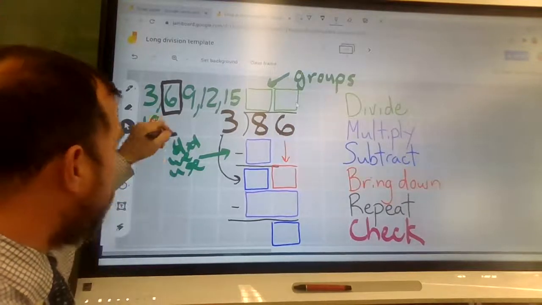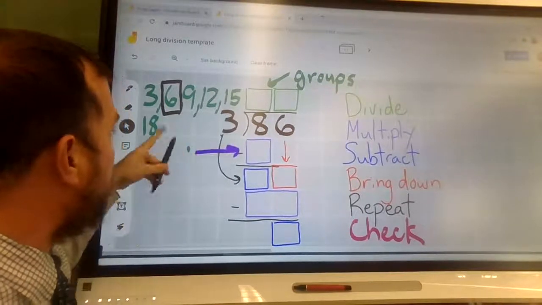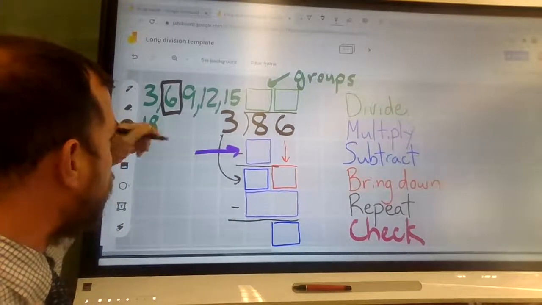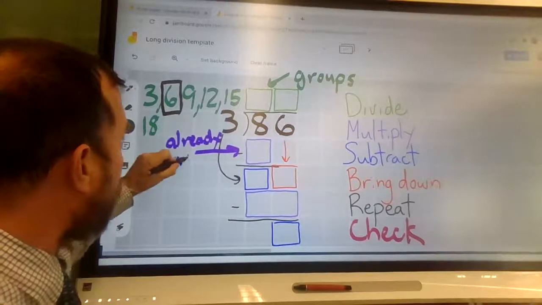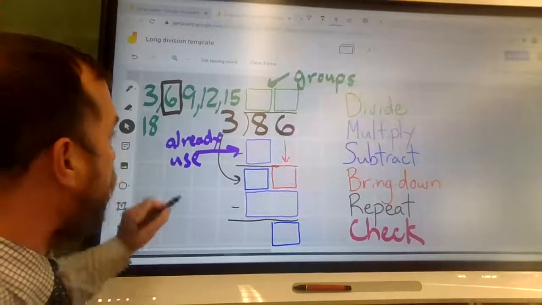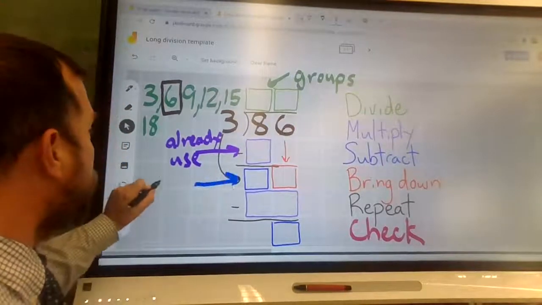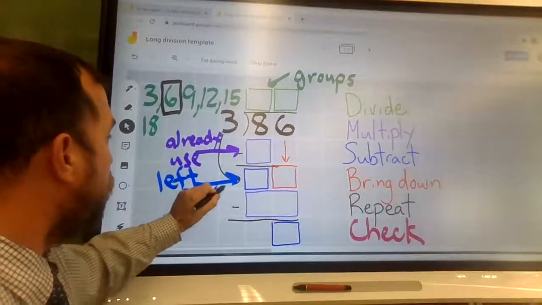So I'll fix that, erase it. Yeah, this box is always how many of those did we already use? And then the blue one down here is how many are still left or left over.